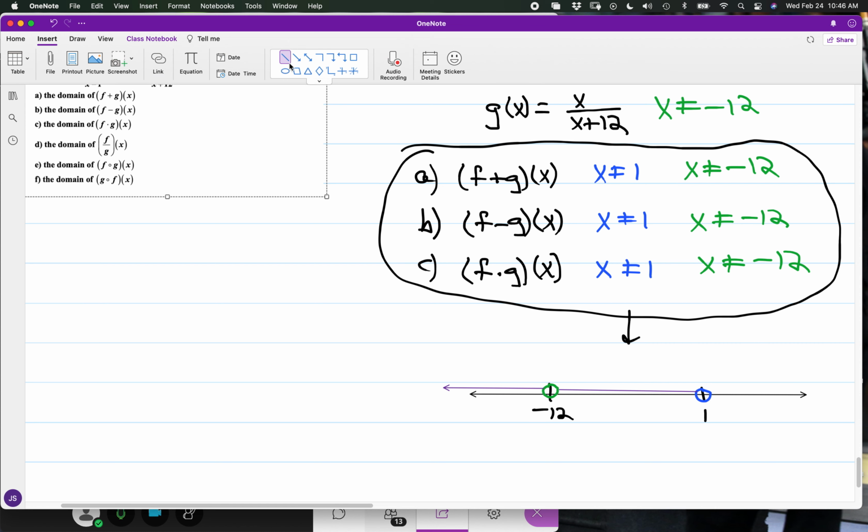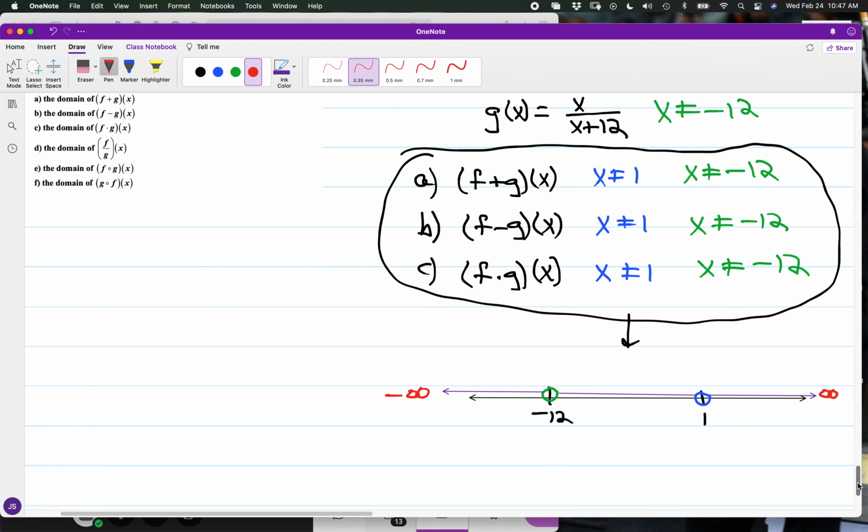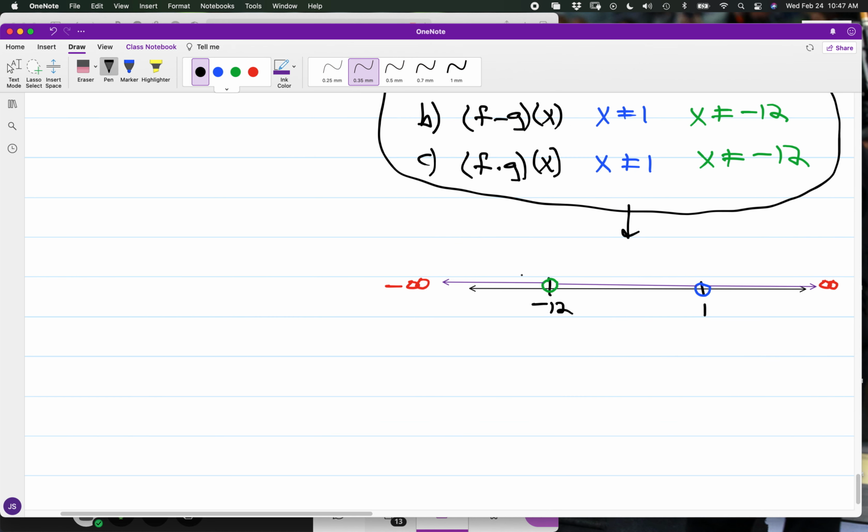Okay, so for the domain of these, for the sum, the difference, and the product functions, you have going from negative infinity approaching but not including negative 12.